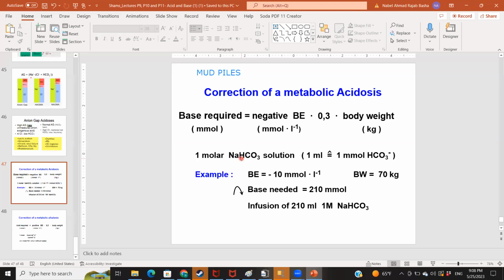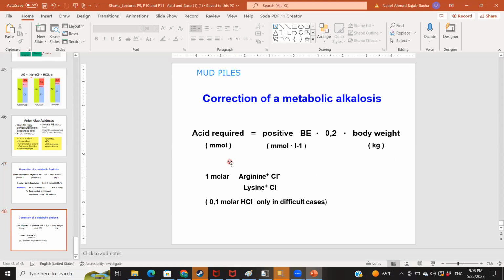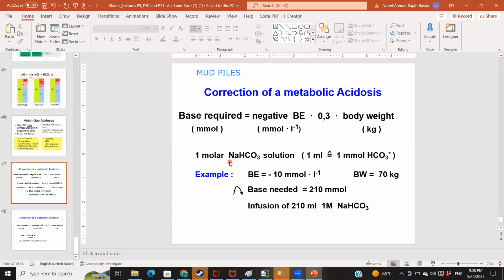And at these levels, there is a fixed dose of sodium bicarbonate that we give, and it's not related to these equations. We don't use these equations to determine the dose of sodium bicarbonate. So to be honest, there is nothing to explain here. It's just these equations that Dr. Shams would like you to know.